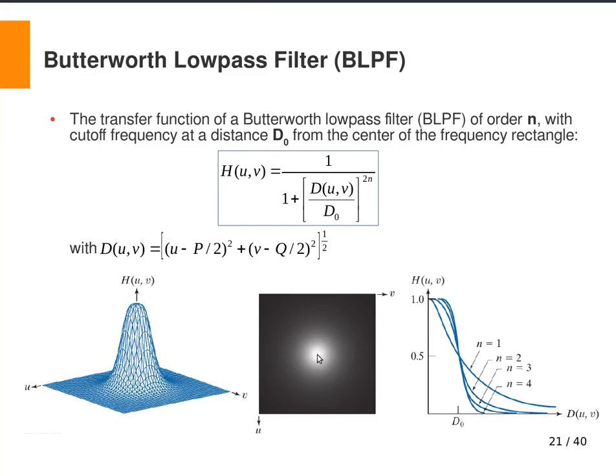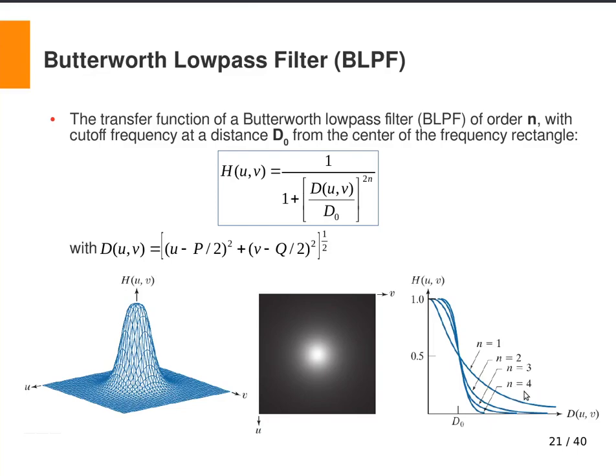So this is the perspective representation of the Butterworth low pass filter, and this is a top view of that. Between the two, it is very hard to see the effects of the filter order n. But if we draw a profile view, we see that changing the value of n changes the shape of the Butterworth filter.